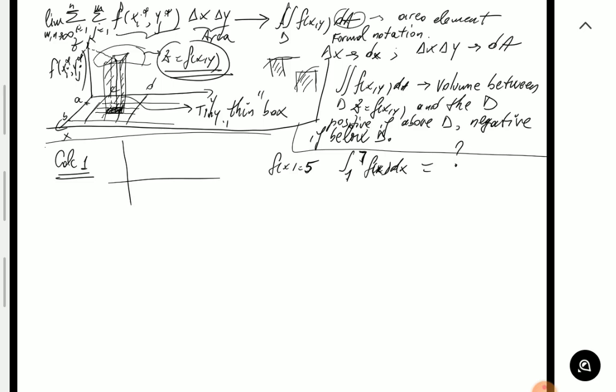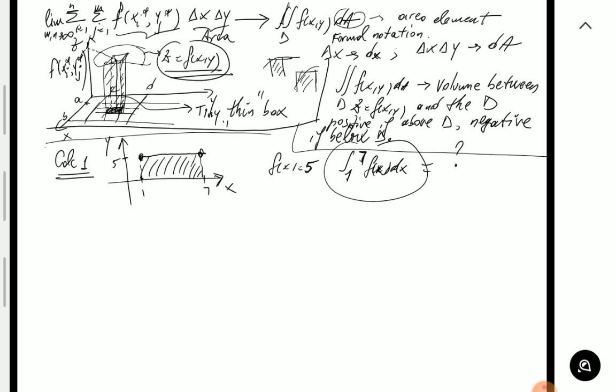Why? Because we know that the integral represents the area between the graph of the function and the x-axis. It happens sometimes that the shape I try to compute has a known geometric shape, so you don't need to compute it via integration. If I graph the function f of x equals 5 between 1 and 7, let's say this is 1 and this is 7, and this is 5 over the y-axis, the integral is nothing but the area of the rectangle, the area between the graph and the x-axis, which happens to be a rectangle.